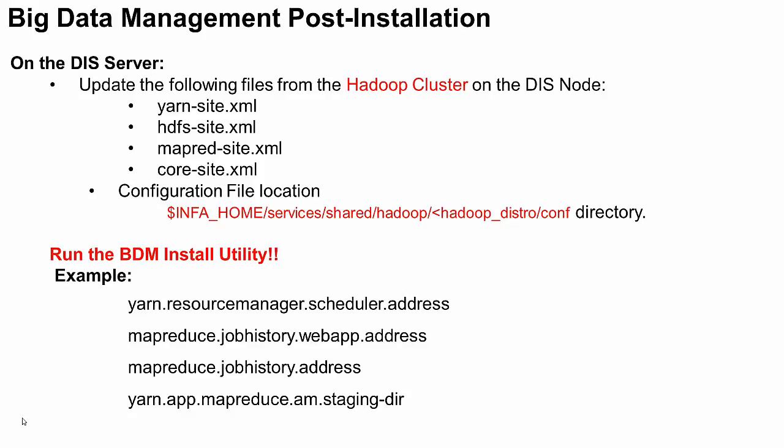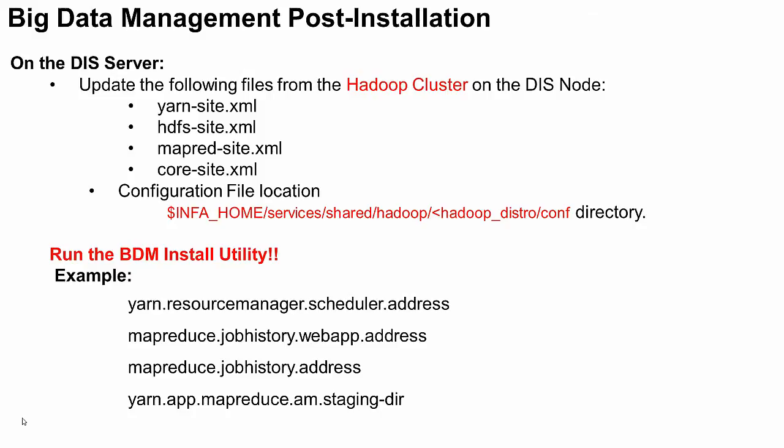And what you'll typically do is gather this information. One thing I should say, I won't go through all of the properties, right? You'll see the example here at the bottom. These are some of the properties that you need to get from the Hadoop cluster, and these are documented in the help guide.